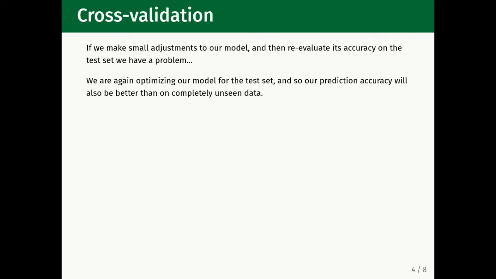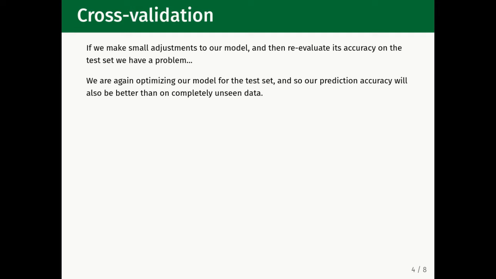We cannot get a good idea of the true generalization error on the test set if we are also using the test set to optimize certain parts of the model. Our model will be optimized for the test set data, and so the test set will give us a biased generalization error and make us think that our model is better than it really is.